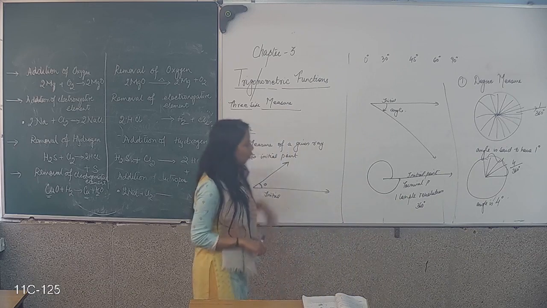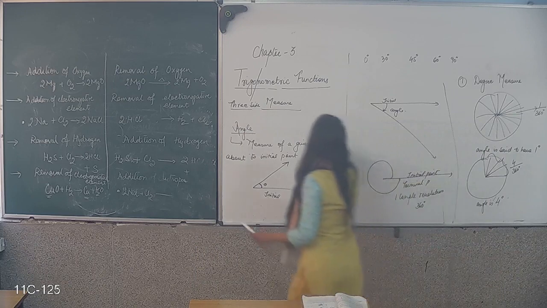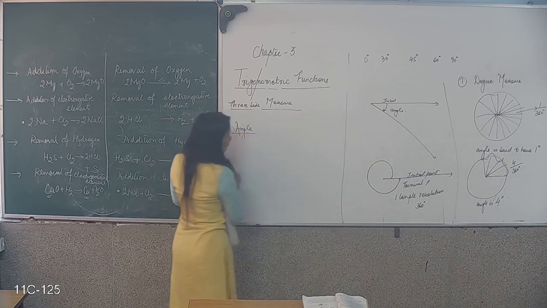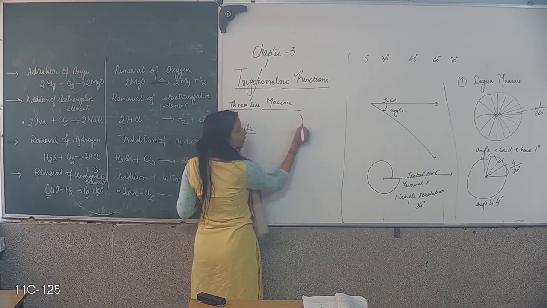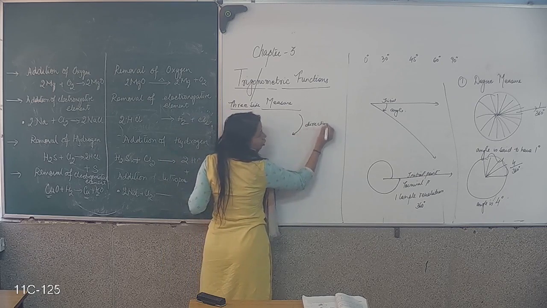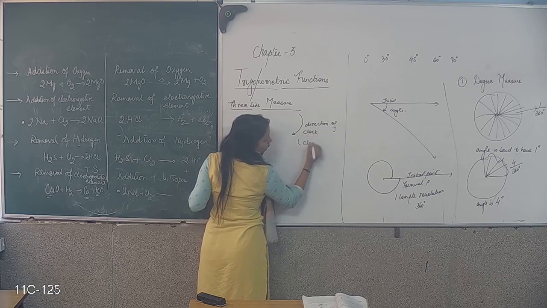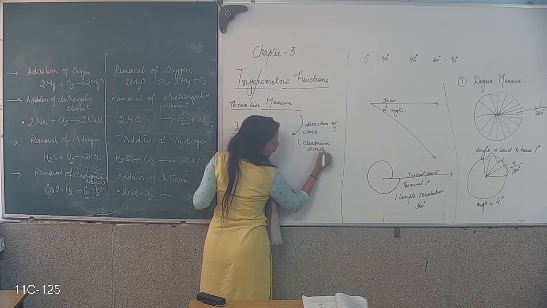Okay. Now in degree also you will study that the angle can be measured in 2 ways. Okay? We know what is clockwise and anti-clockwise. If we move in the direction of the clock, we say it has a clockwise direction. Okay?